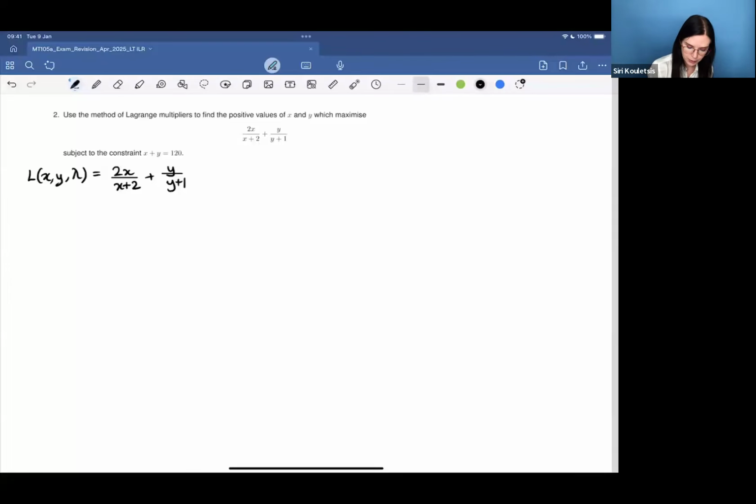And then the convention in the course is to now write minus lambda. And then you look at the constraint equation, and we write that in the form x plus y minus 120 equals 0. And then we write x plus y minus 120 here.